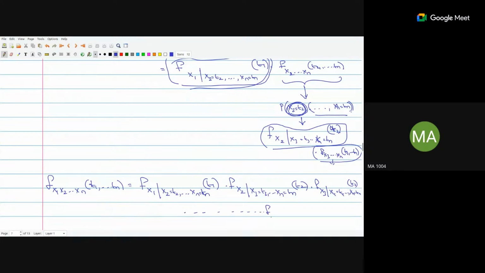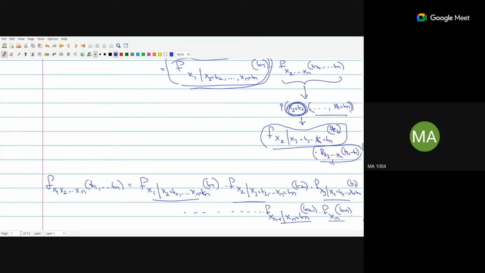For the last one you will have fxn minus 1 given xn equal to tn of tn minus 1, and lastly you will have fxn of tn. Okay. So this is how you can factorize.